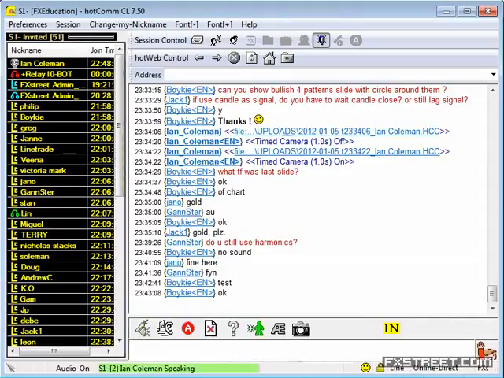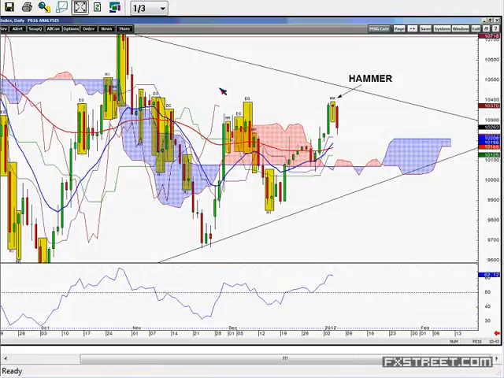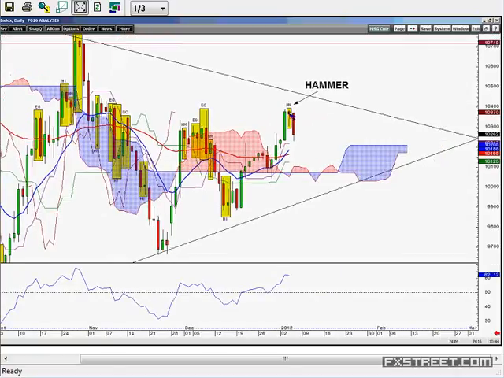Because this was obviously taken off a shorter time frame. So we've got this symmetrical pattern, and there's decent reversal candles in here. Engulfing candle at the high, inside RSI at the low, and then we've got an inside hammer formation here.